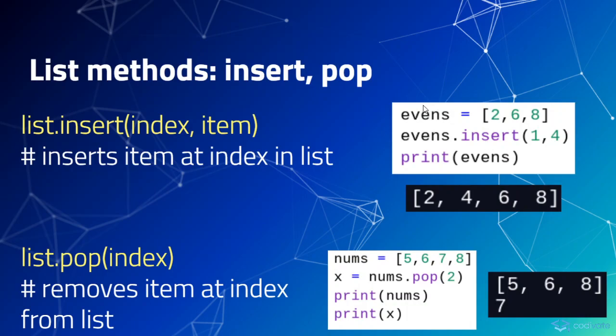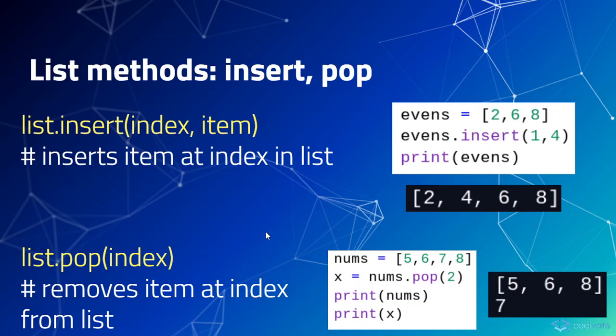So in our case, we have a list called evens, which has 2, 6, and 8, and we're inserting at the 1 index position the value 4. So 0, 1. So over here at this position, we're inserting 4. And if we were to print that list, you could see we get 2, 4, 6, 8.